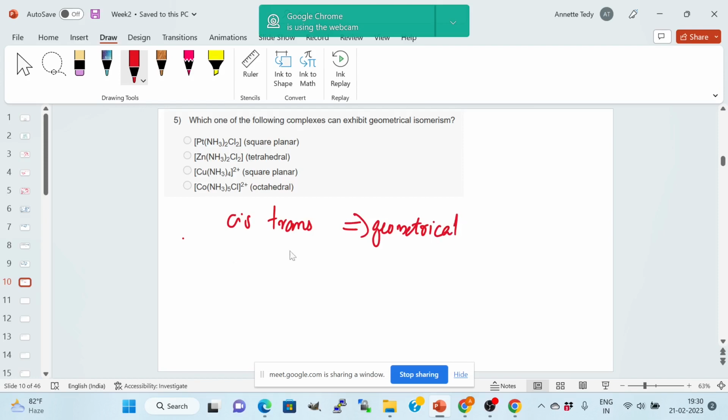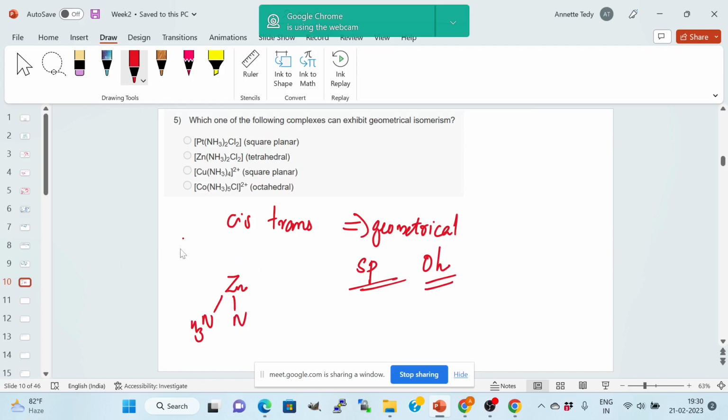I also discussed that geometrical isomerism is generally possible for square planar and octahedral complexes. For tetrahedral it is not possible. For example, I will show zinc with NH3, NH3, Cl, Cl.